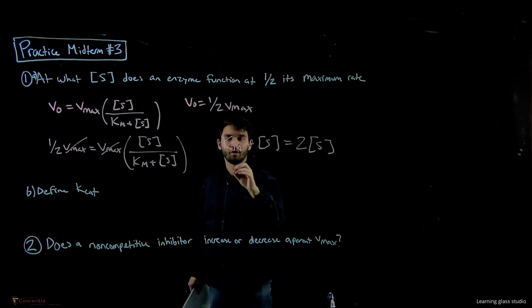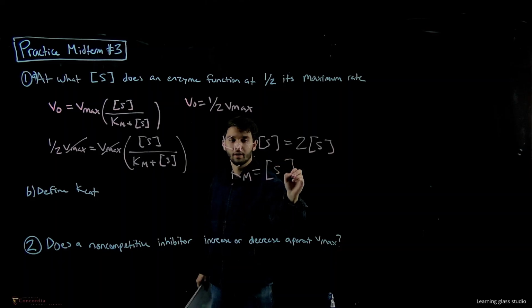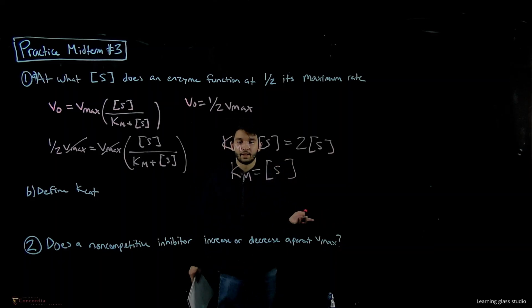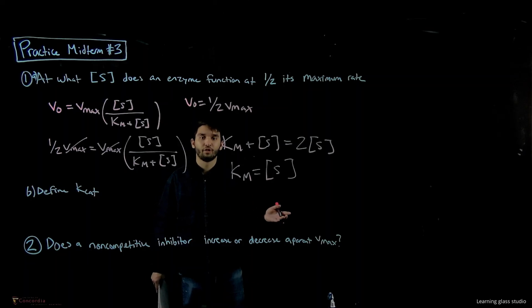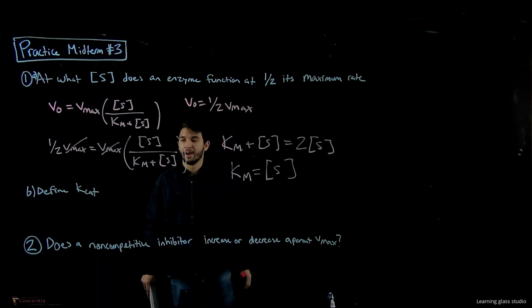So we subtract the substrate concentration from both sides, and we get Km equals the substrate concentration. That makes sense because we know the definition of Km is the amount of substrate needed to reach 1/2 Vmax, or at the substrate concentration of Km, that is when half of all enzyme active sites are filled, and that's when we reach 1/2 Vmax.